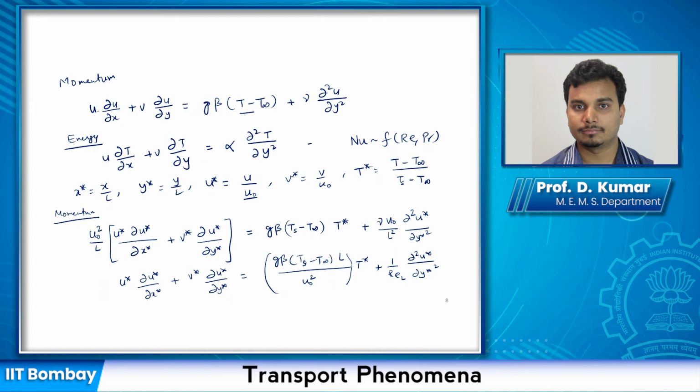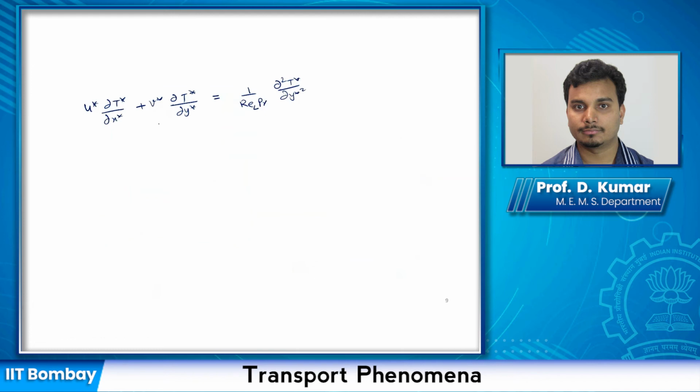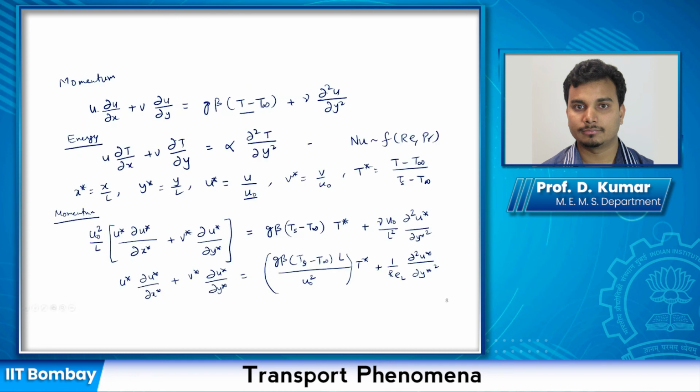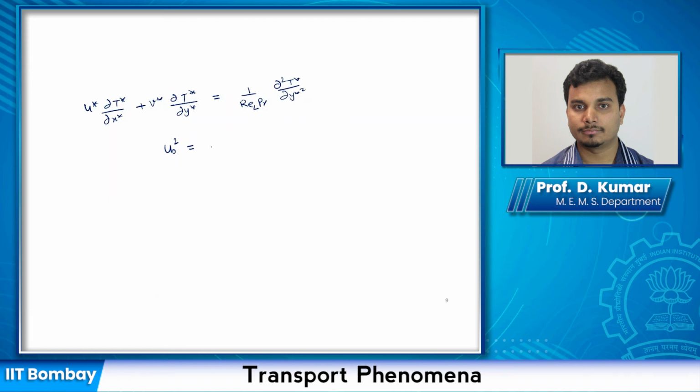So this term has a dimension of u naught square. So we define u naught in a way that this coefficient becomes 1. If you do that, then u naught square is equal to g beta ts minus t infinity times L. Okay.